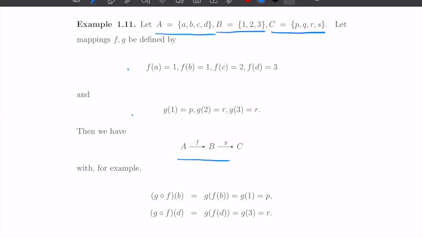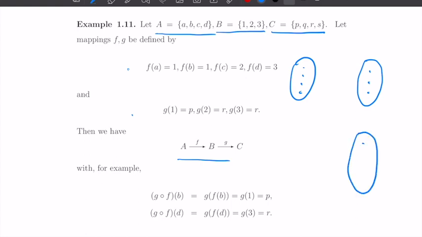So A, B, C, D, and 1, 2, 3, and P, Q, R, S. A goes to 1, B goes to 1, C goes to 2, and D goes to 3.